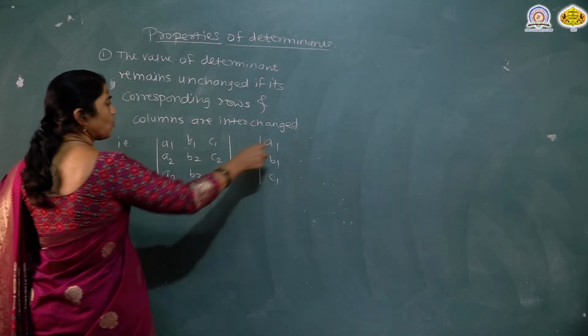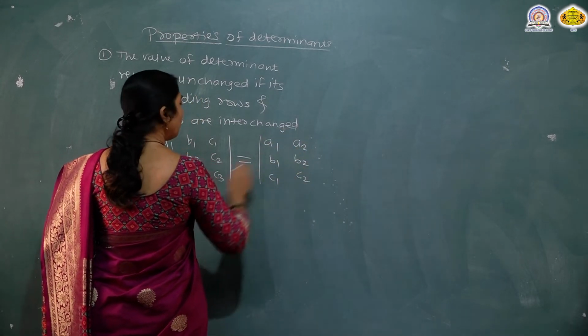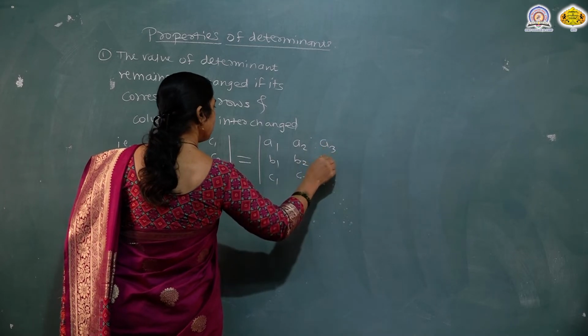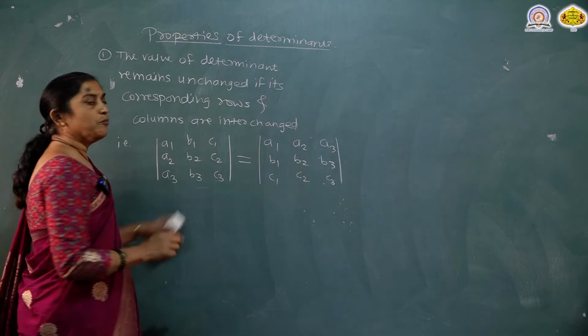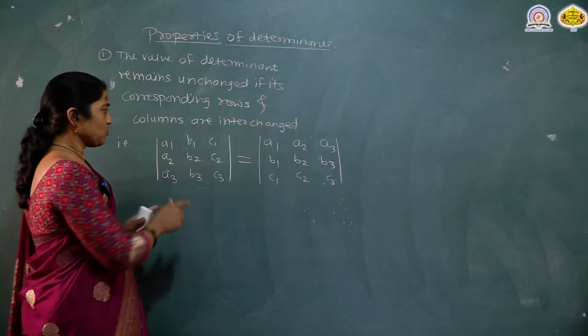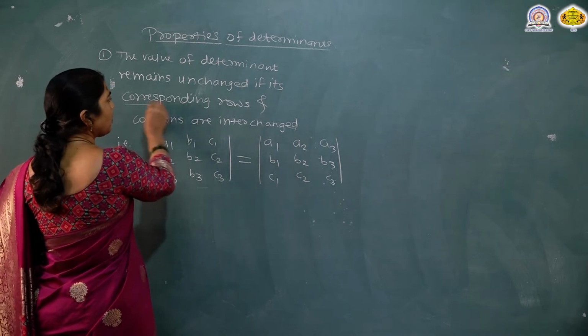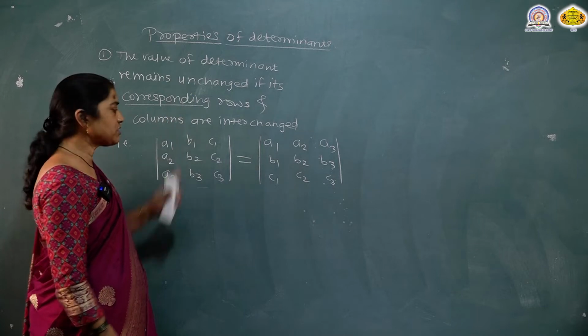Similarly, the second row as the second column and the third row as the third column. In both cases, the value of the determinant remains the same. So, interchanging the corresponding rows and columns, the value of the determinant remains unchanged.